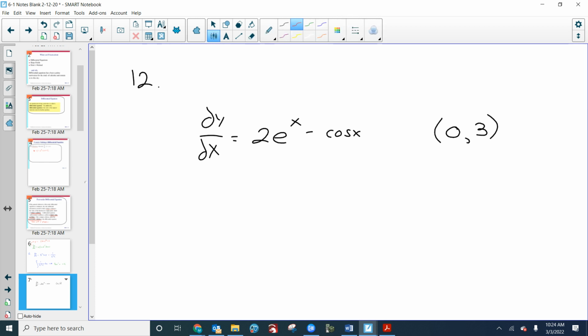All right, so we're going up a layer. We're doing an antiderivative. So we have y equals, what's the antiderivative of 2e to the x? It's a constant multiple rule. 2 goes along for the ride. E to the x's derivative is e to the x, so the antiderivative of e to the x is e to the x. All right. What's the next term going to be? Plus sine of x or minus sine of x?